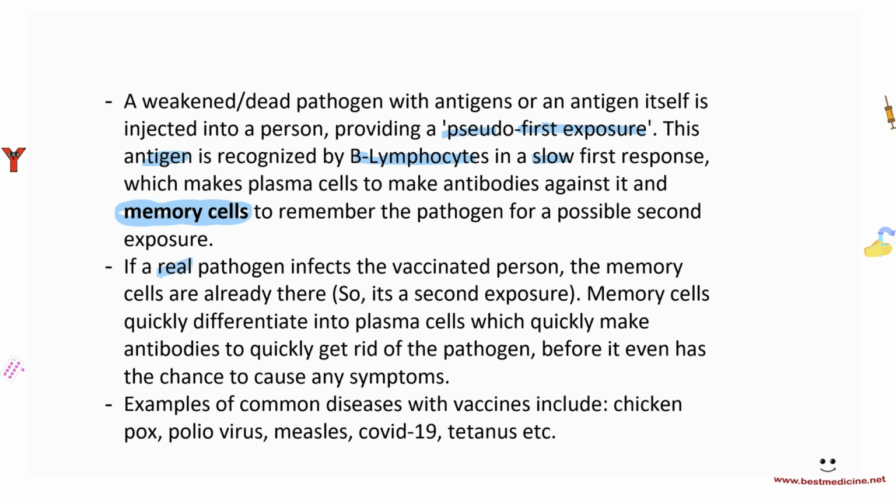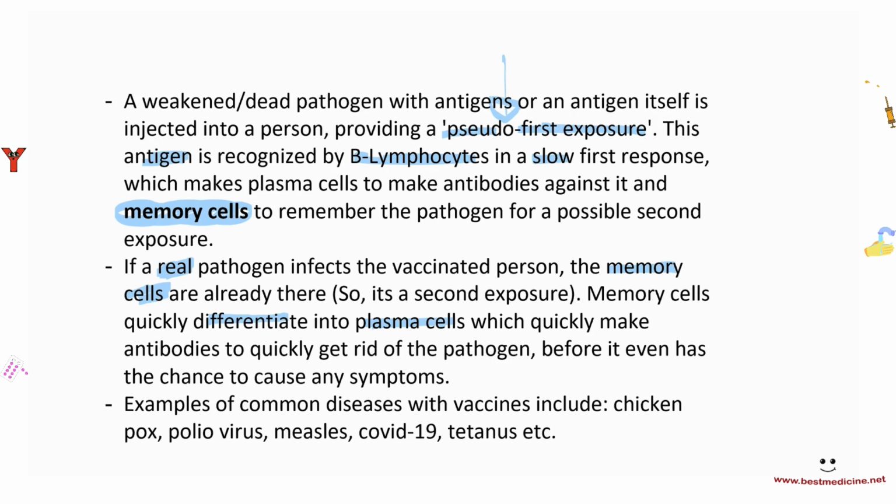If the real strong pathogen infects the vaccinated person, the memory cells are already there, right? So it's a second exposure, and memory cells will quickly differentiate into plasma cells, which quickly make antibodies to get rid of the pathogen before it even has a chance to cause any symptoms.